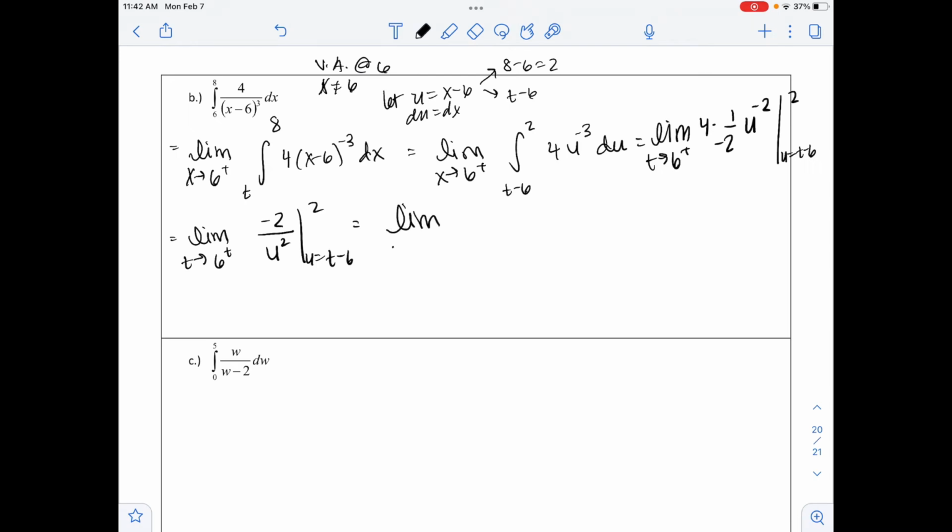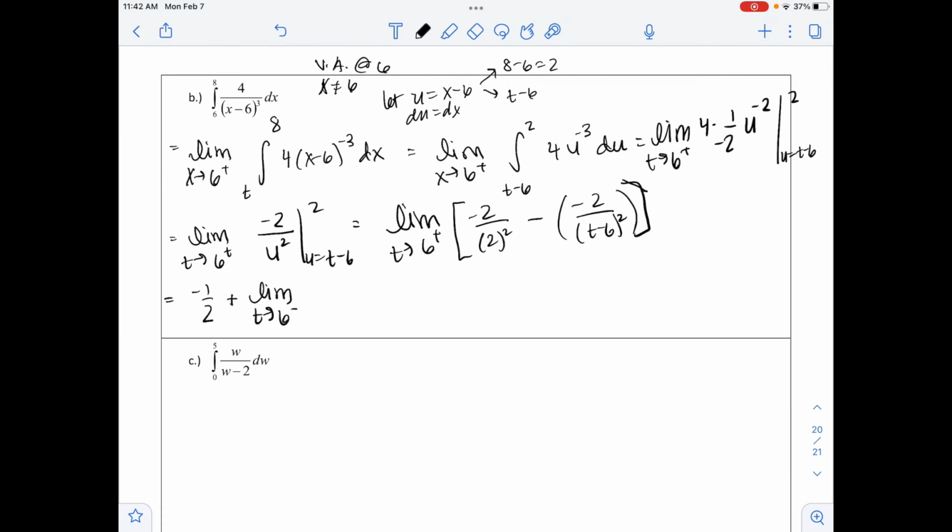So we're going to have the limit as t approaches 6 from the right of, and the first thing I'm going to evaluate is at 2. So we have negative 2 over 2 squared minus negative 2 over (t minus 6) squared. The constant just stays a constant, and that's going to become negative 1/2. Then we have plus the limit as t approaches 6 from the right of 2 over (t minus 6) squared.